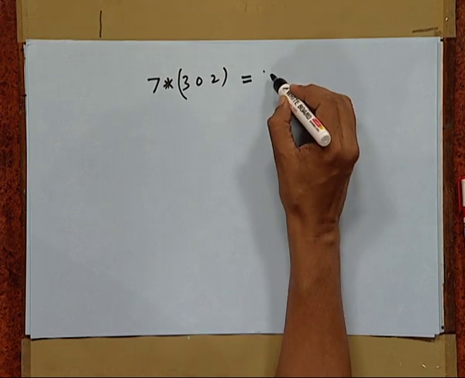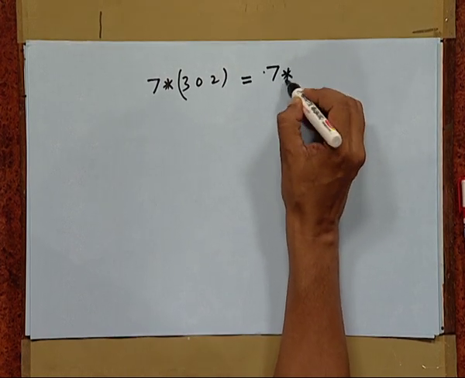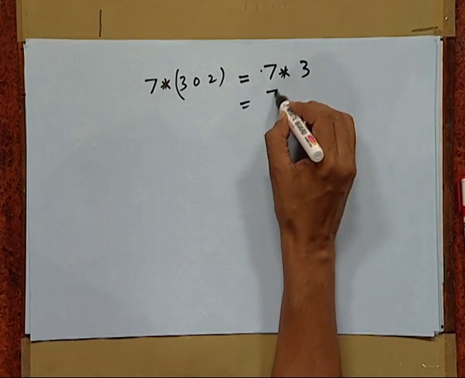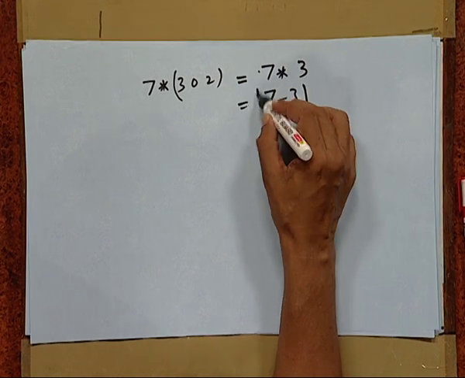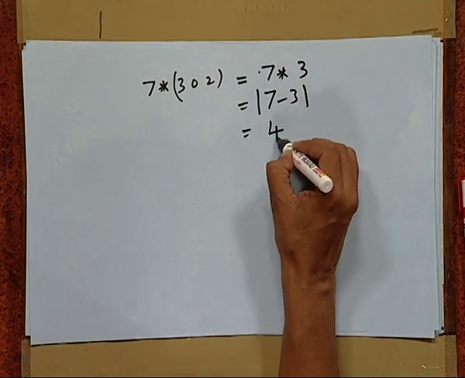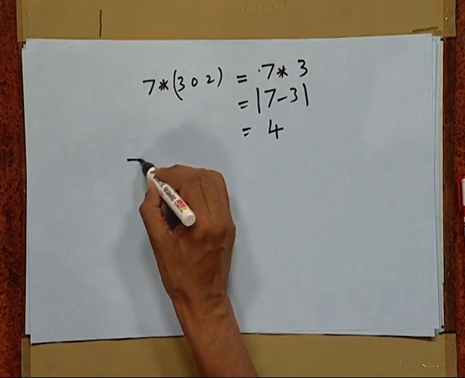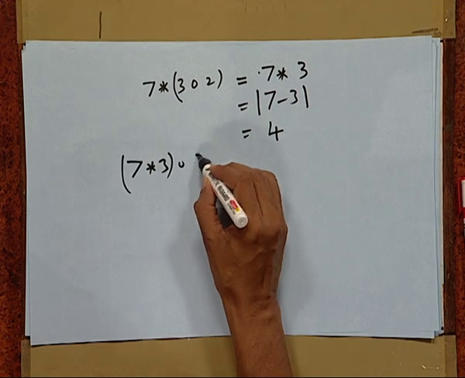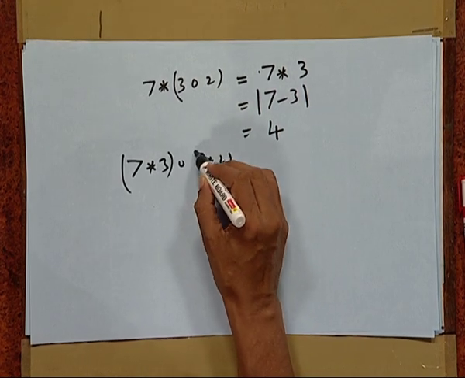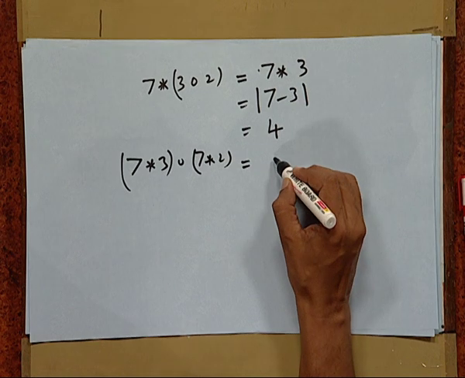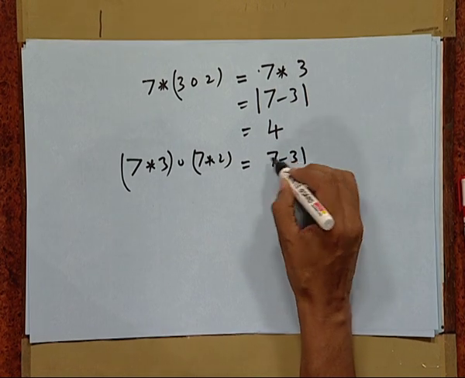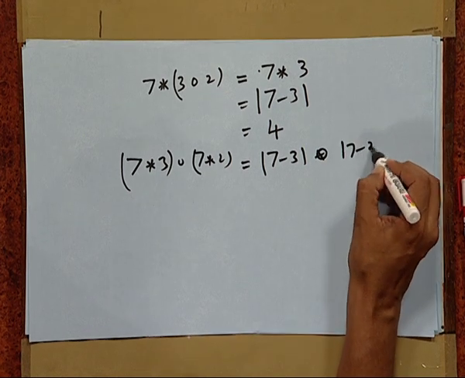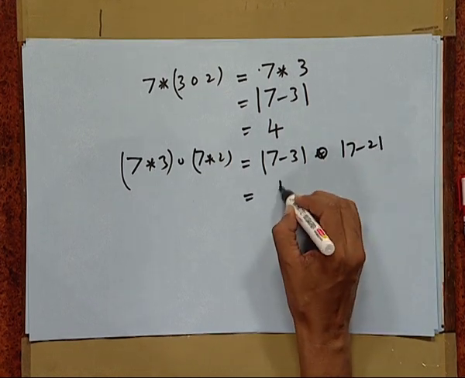This equals 7 star 3, that equals mod 7 minus 3, that is 4, whereas (7 star 3) O (7 star 2) is equal to mod 7 minus 3 O mod 7 minus 2. This gives 4.